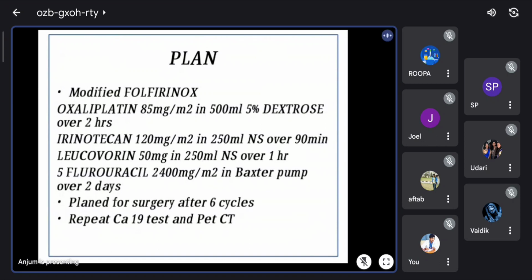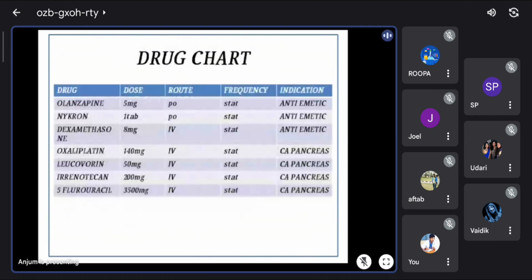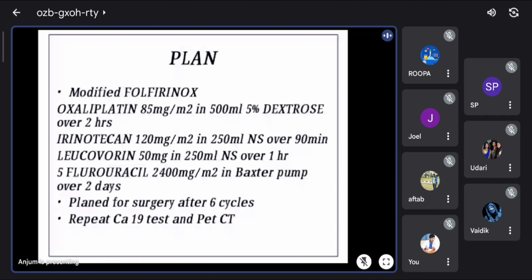Next is irinotecan, 120 mg per meter square. The dose which we got was 200 mg. This 200 mg we are giving in 250 ml NS over 90 minutes. Oxaliplatin we are giving over 2 hours. We cannot give it fast, so we are giving it slowly for 2 hours.